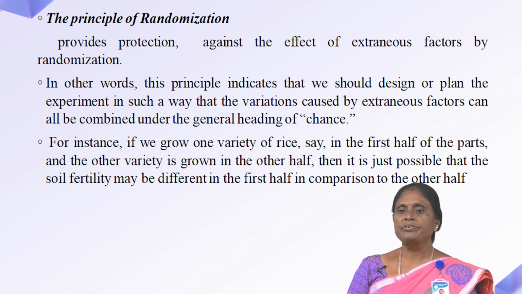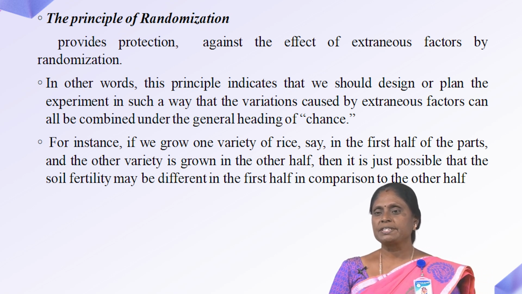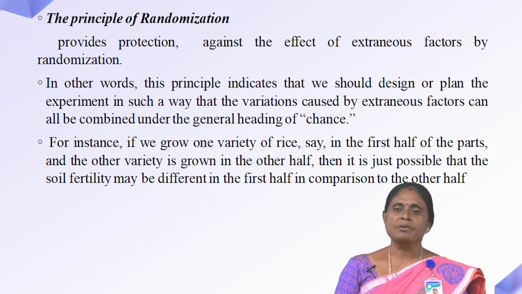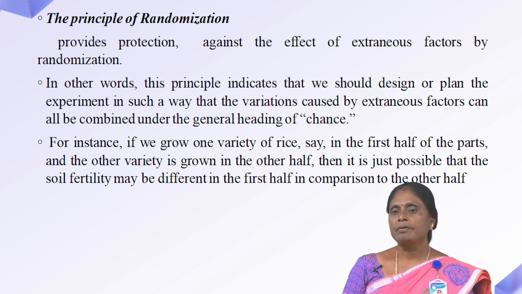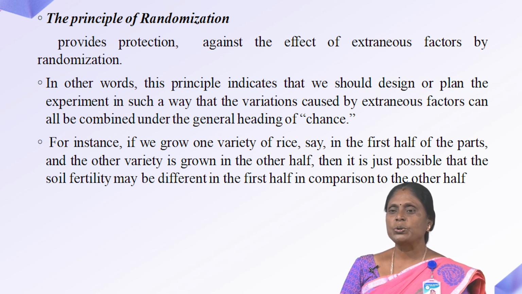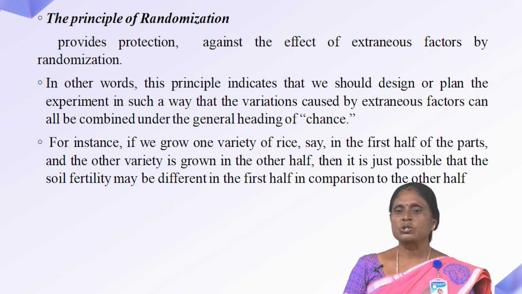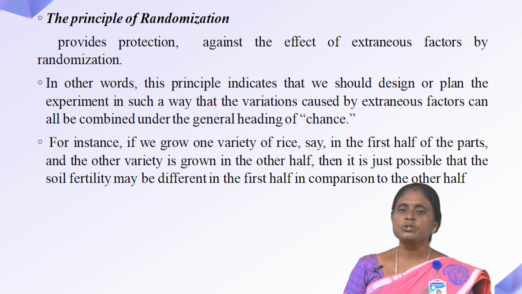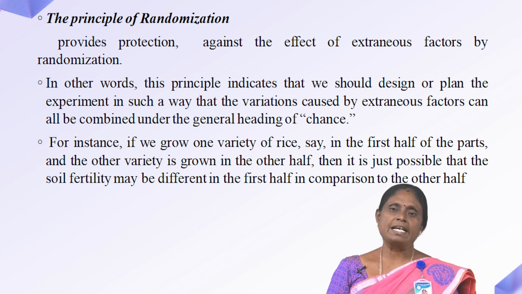For instance, if we grow one variety of rice in the first half of the parts of the field, and the other variety of rice in the other half, then it is just possible that the soil fertility may be different in the first half in comparison to the other half. So our results would not be realistic.